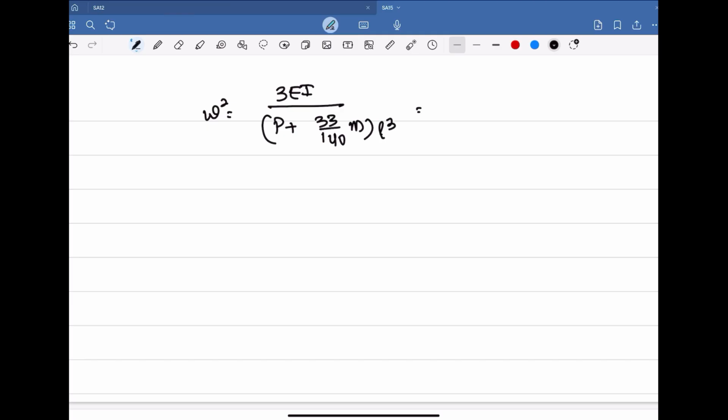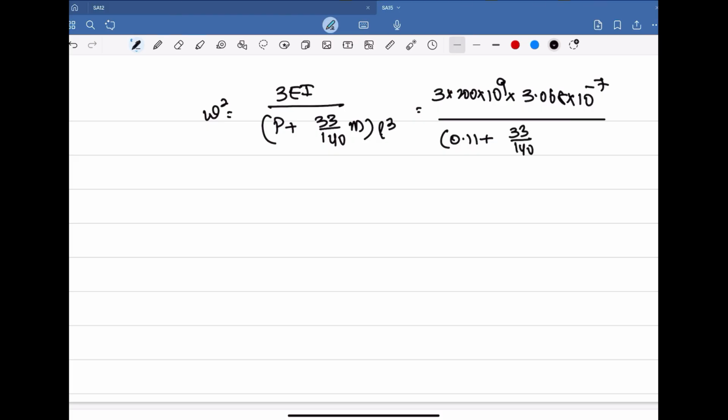That is equal to 3 into 200 into 10 to the power of 9 into 3.068 into 10 to the power of minus 7, whole divided by P is 0.11 plus 33 by 140 into 15.43 (m) into L cube, which is 1 cube.